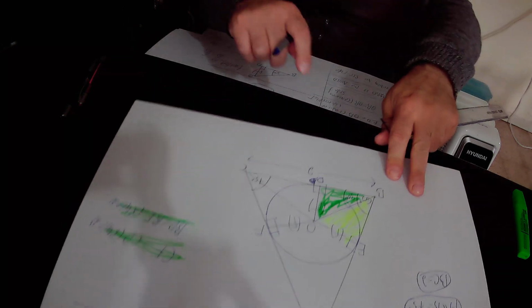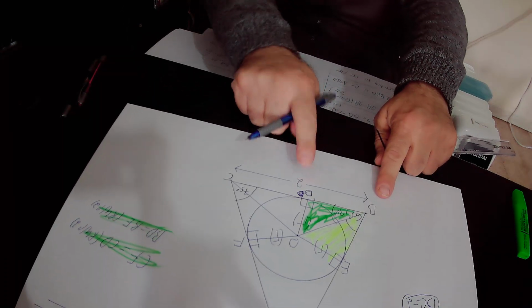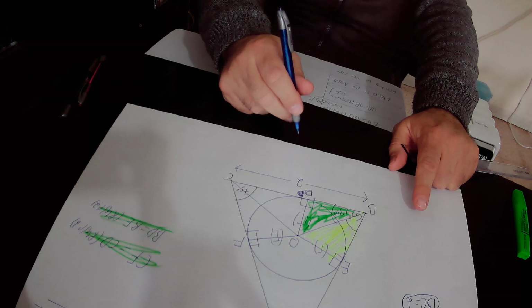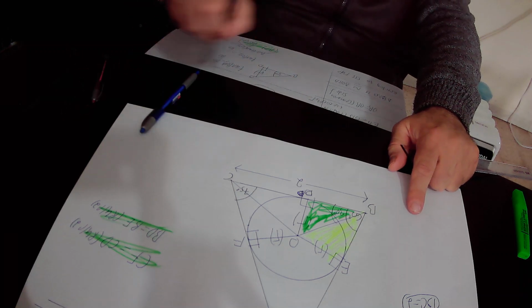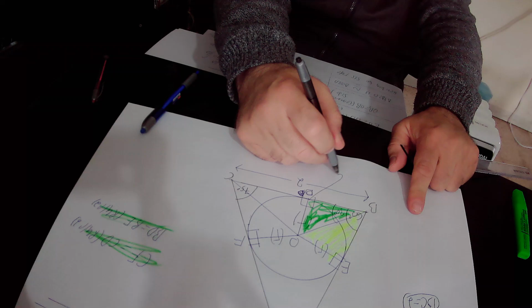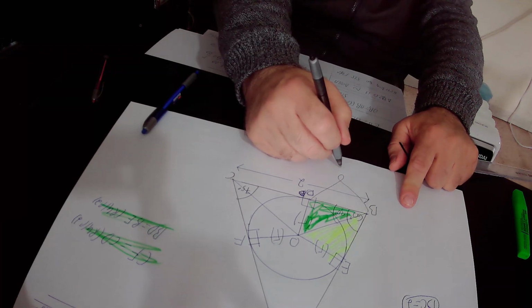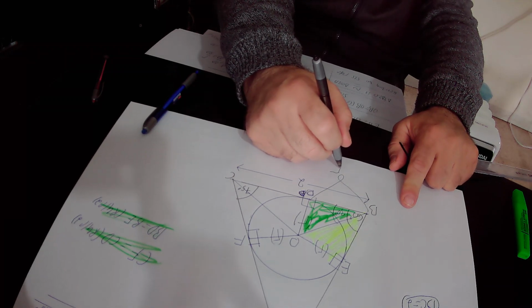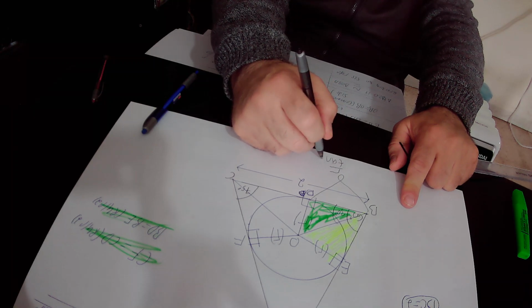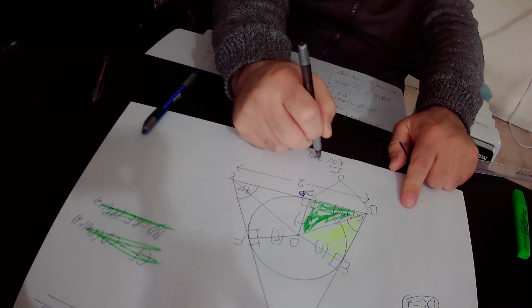So this line segment BD equals R over tangent 30 degrees in its length.